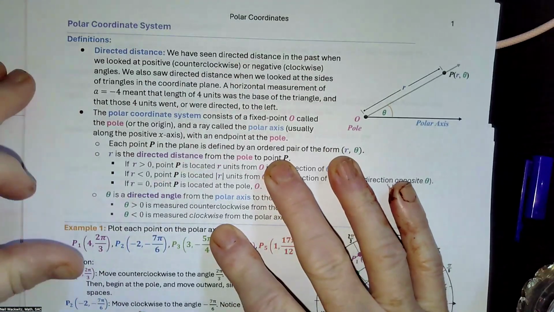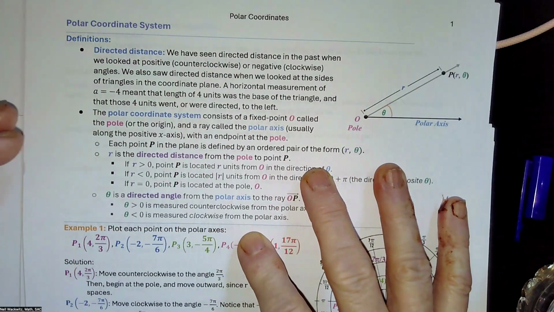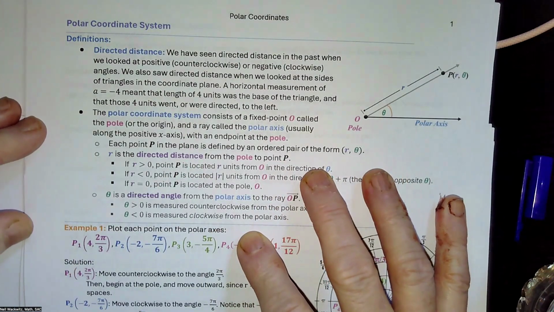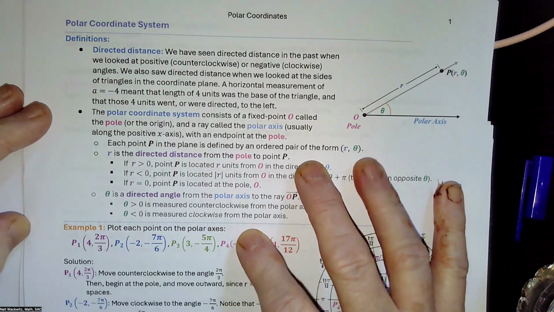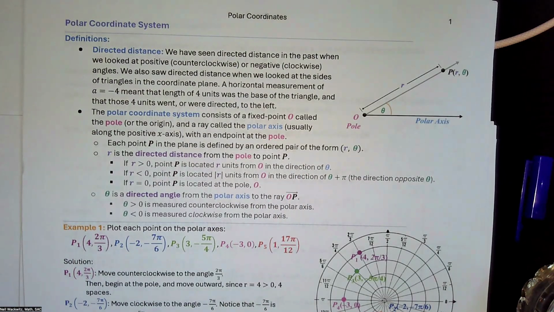But that doesn't mean that the angle itself is negative, just that it's going in a negative direction. And the same thing with vertical and horizontal measurements. A -4 measurement doesn't mean that the length or the width is negative. It just means that it's moving in a negative direction.